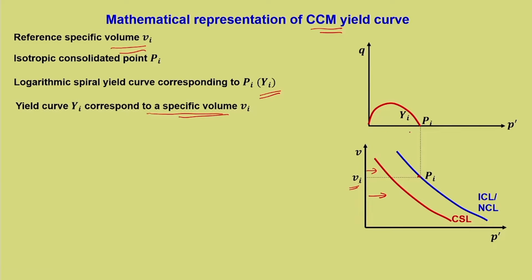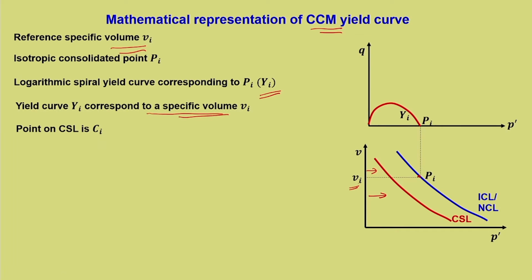So, for the time being, we need to understand that a particular yield curve is associated with a given specific volume, or we can say that this particular yield curve represents a kind of undrained behavior. What is undrained behavior? Where V is not changing. So, it is true both ways. If I say that the yield curve corresponds to a given specific volume, or that this yield curve represents undrained behavior, both explanations are the same.